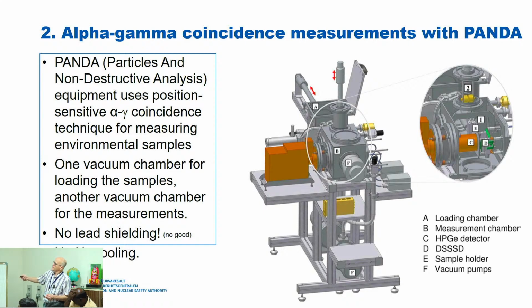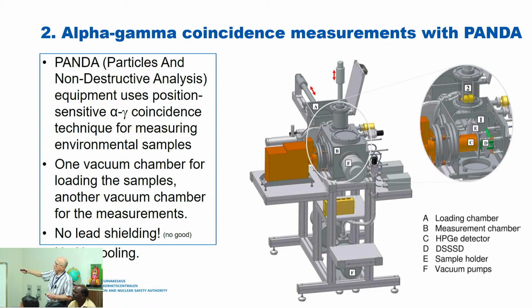So this equipment uses position-sensitive alpha-gamma coincidence techniques for measuring environmental samples. So there is one so-called vacuum chamber for loading the samples. It is in fact shown here.